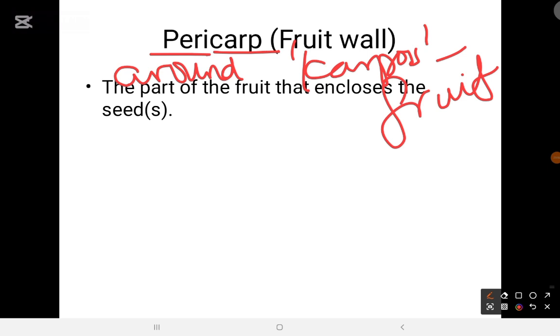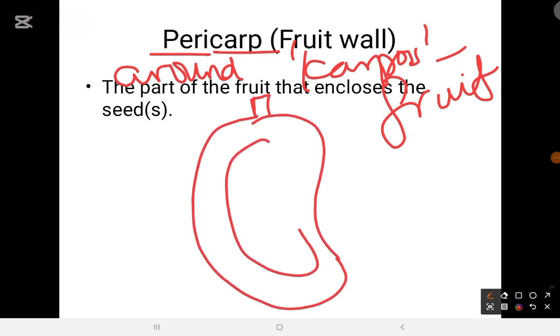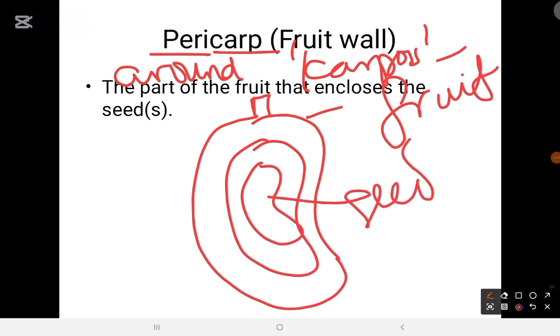So I'll show you a diagram of a typical fruit. It's going to have a seed inside, then the epicarp, which is the outer covering. This is going to be the epicarp.